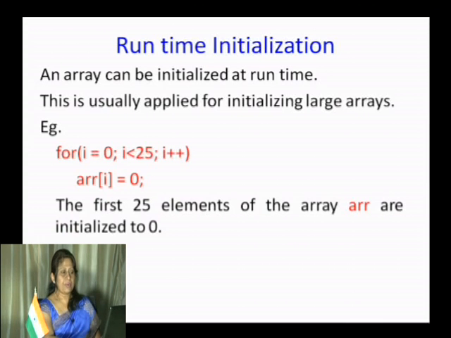So here my array size is say 25, that is starting from 0 to 24. So here you have for I is equal to 0, I less than 25, I plus plus. So I am assigning values to my array. Array of I is equal to 0 means all the array elements will have a value 0, that is, the first 25 elements of the array will be initialized to 0.